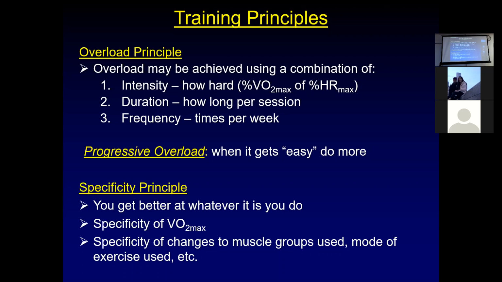As you become more fit, your resting heart rate falls. And so you can maintain 70% of heart rate reserve all the time. If you keep rechecking your resting heart rate, then it's going to take a faster and faster running pace or a higher power output on the bike to maintain that percentage of heart rate reserve. And so that's going to build in some level of progressive overload.